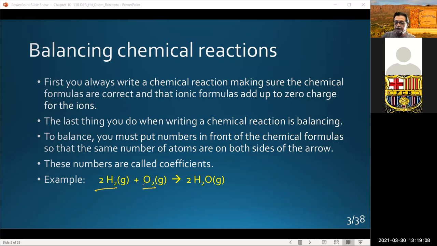And when that reaction occurs, I end up with 2 molecules of H2O. And my ratio there is 2 to 1 with respect to hydrogen to oxygen. Okay, 2 to 1. The ratio between oxygen and water is a 1 because it's understood, even though there's not a 1 there, it's understood to be a 1. 1 oxygen, 2 waters is that ratio.